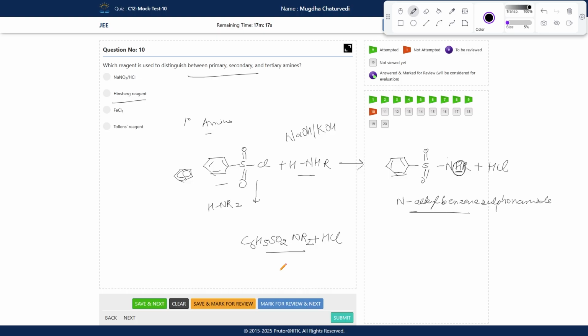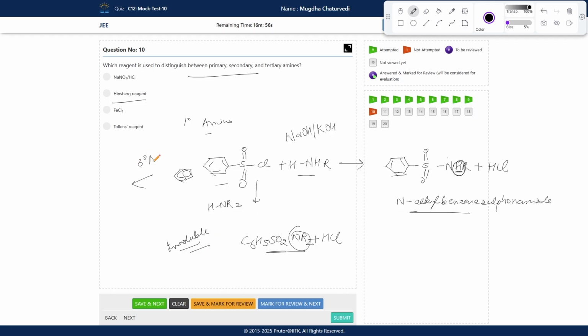Okay, so if I talk about this one, then this is insoluble. Can you guess the reason? Because if you see over here, this nitrogen does not have any acidic hydrogen. So it is insoluble. And benzene sulfonyl chloride does not react with tertiary amine.